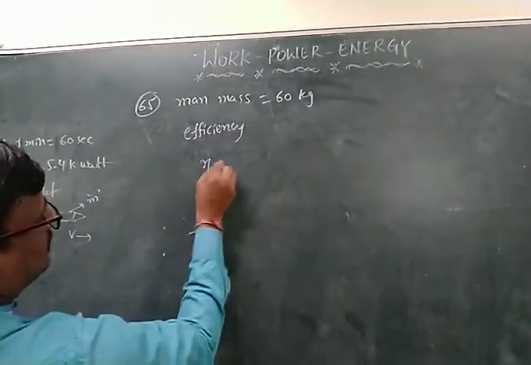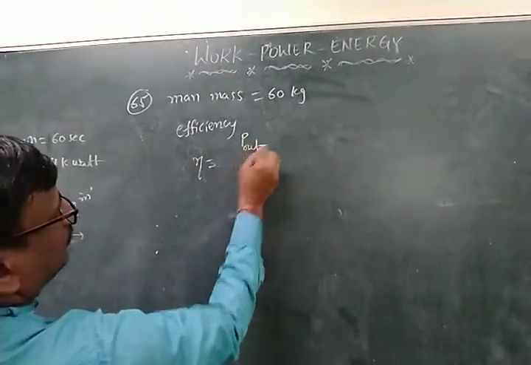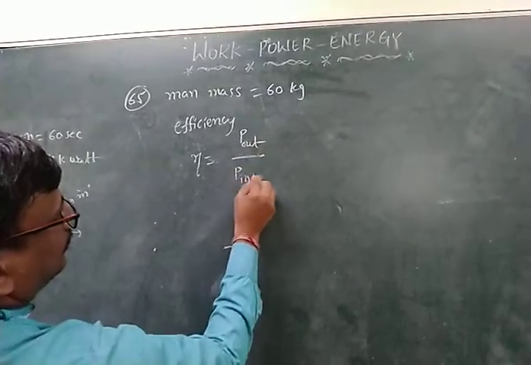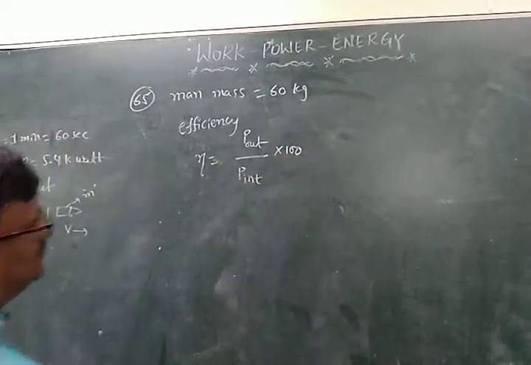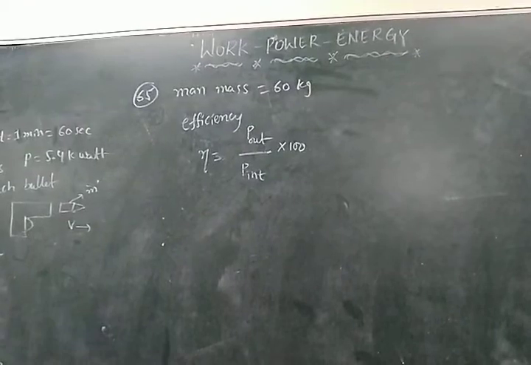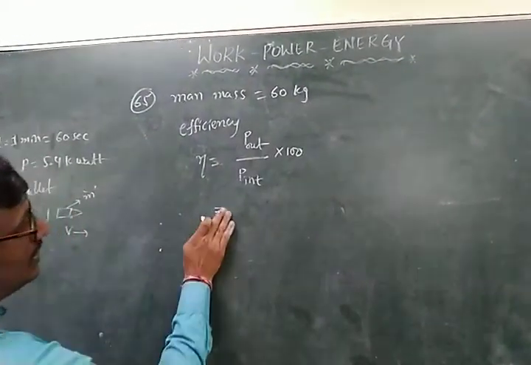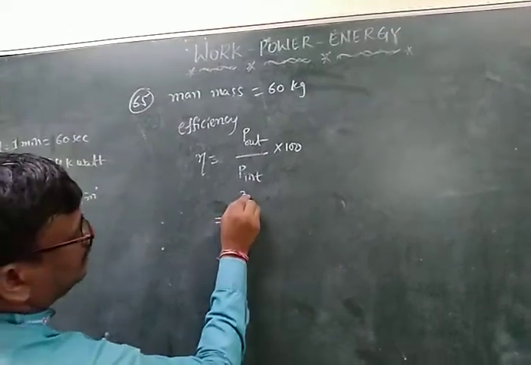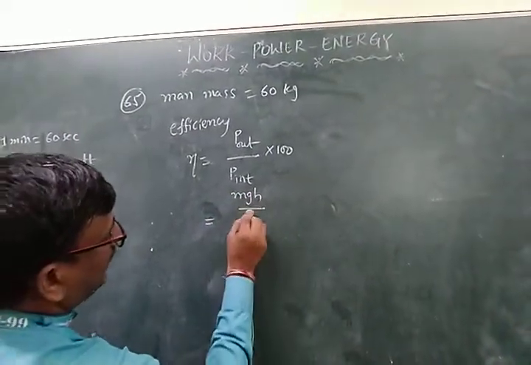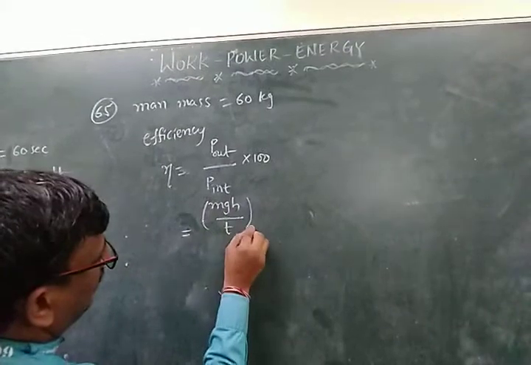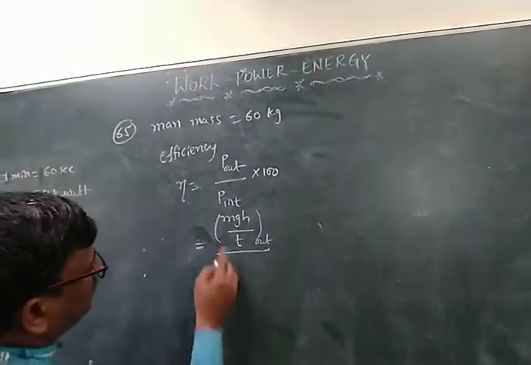Now efficiency is equal to power of output by power of input into 100%. Power of output, the power is nothing but work by time. The work is nothing but mgh by time, of the output, by the power of input.